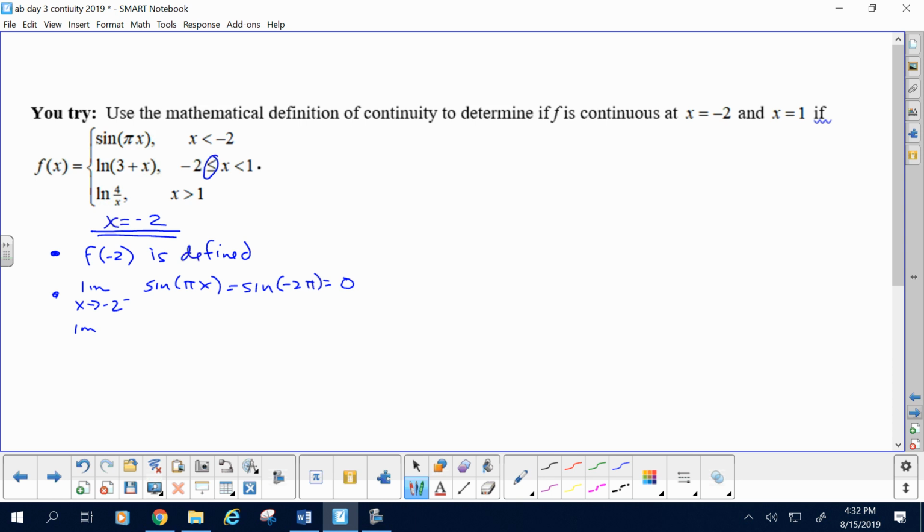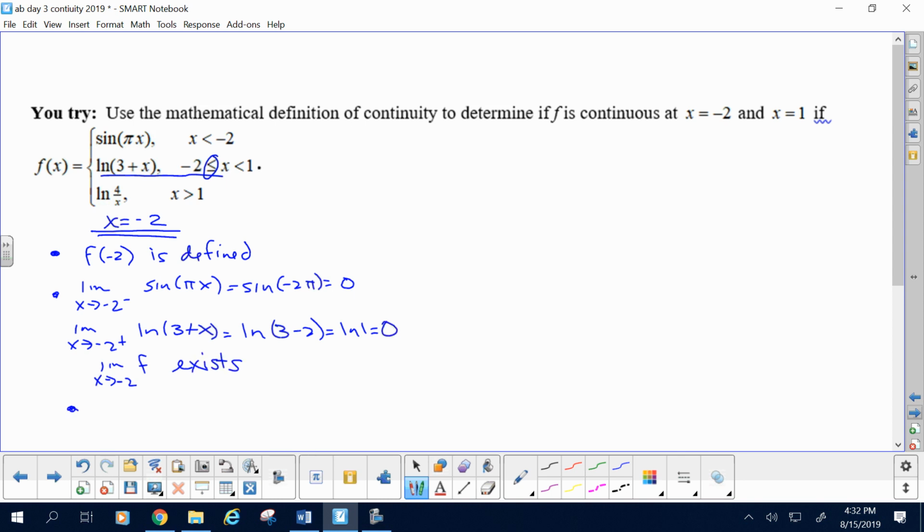The limit as x goes to -2 from the right uses this branch, log of 3 plus x. As x goes to -2 by direct substitution, that's log of 3 minus 2, or log of 1. That means e to what power is 1, and that's the 0th power. Therefore, the limit as x goes to -2 exists, because the left and right hand limits are the same.